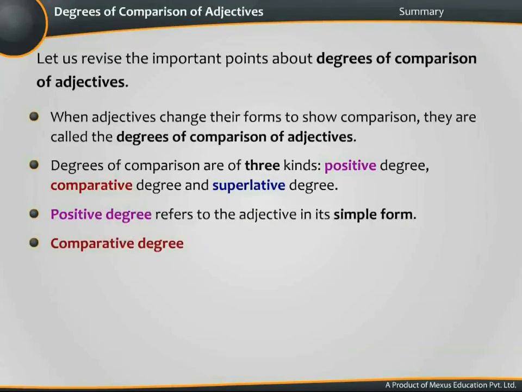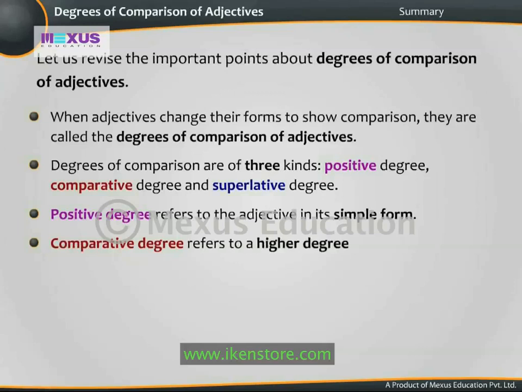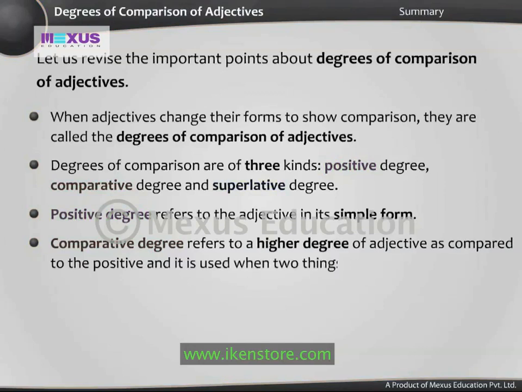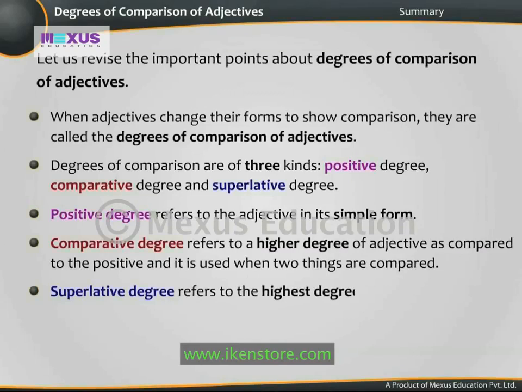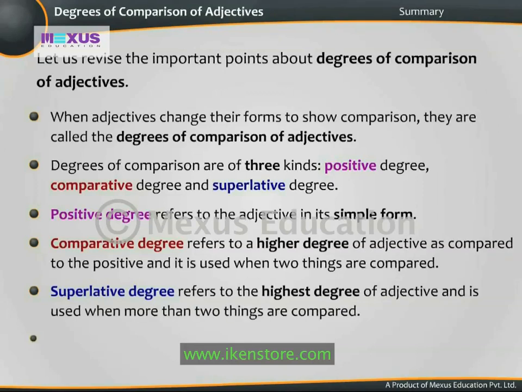Comparative degree refers to a higher degree of adjective as compared to the positive and is used when two things are compared. Superlative degree refers to the highest degree of adjective and is used when more than two things are compared.